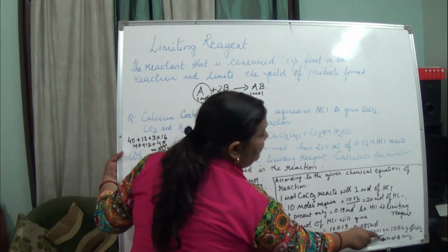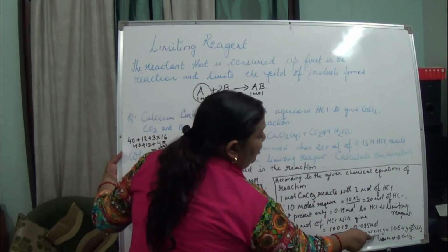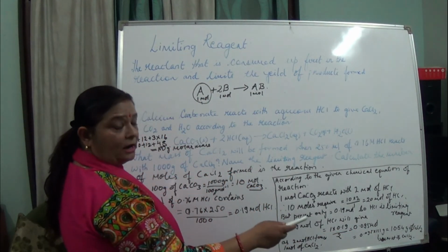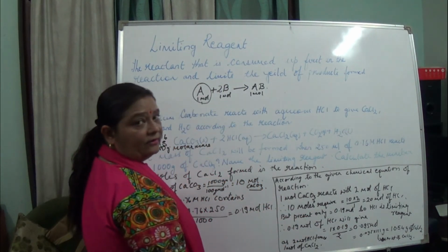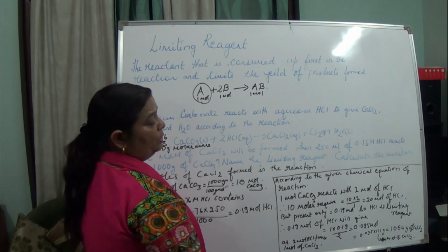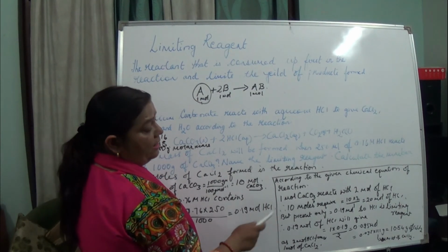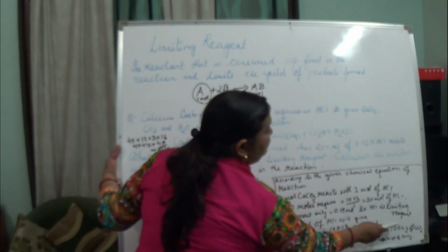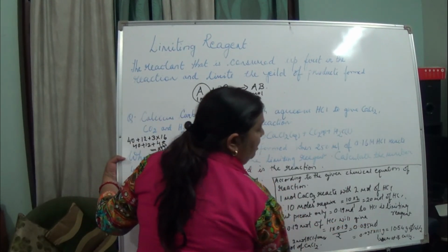111 grams. This 111 grams, where has it come from? It is the molecular weight of calcium chloride. How do we take out the molecular weight? Calcium is 40, chlorine is 35.5 into 2. When we sum up, we get 111 grams, and so the total calcium chloride which we will get by weight is 10.54 grams.